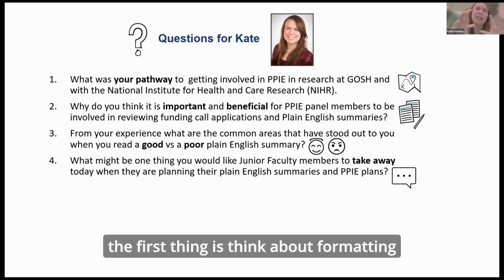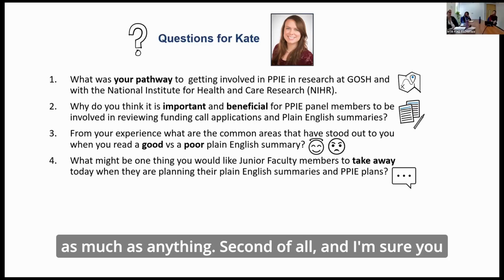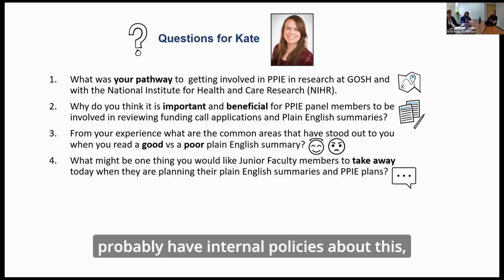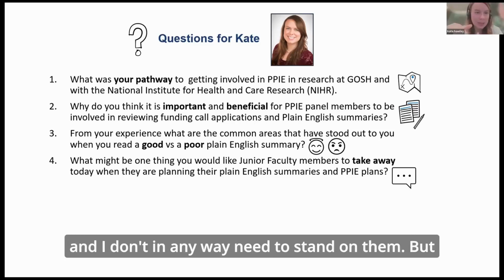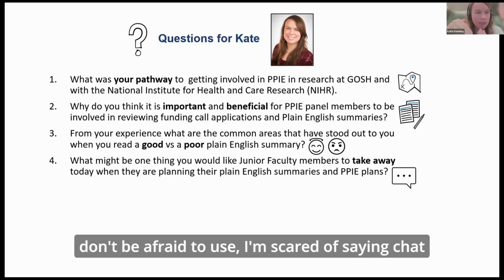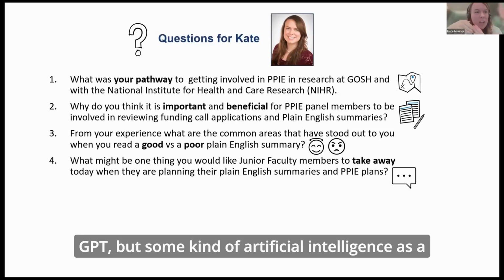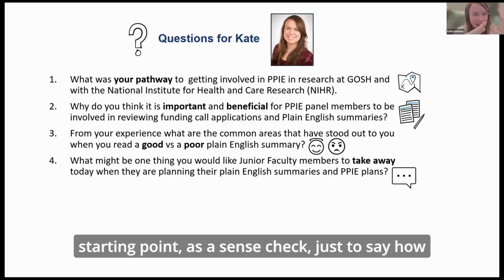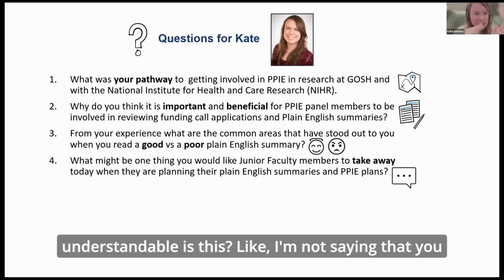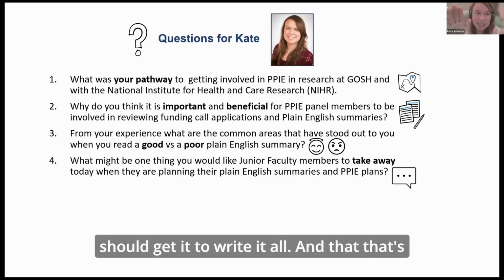So that's the first thing: think about the formatting as much as anything. Second of all, and I'm sure you probably have internal policies about this, and I don't in any way mean to stand on them, but don't be afraid to use, I'm scared of saying ChatGPT, but some kind of artificial intelligence as a starting point, as a sense check, just to say, how understandable is this? I'm not saying that you should get it to write it all.